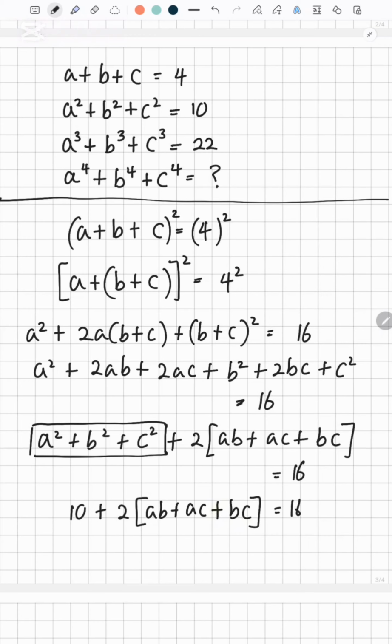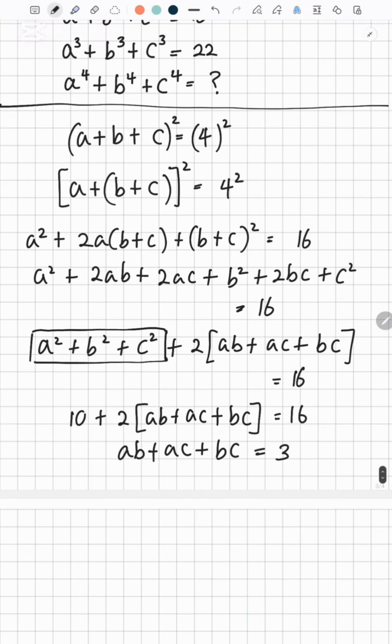So 16 minus 10 is 6, and 6 divided by 2 gives you 3, right? So you leave this aside, I'll show you what you can do with this. So that's your first part.